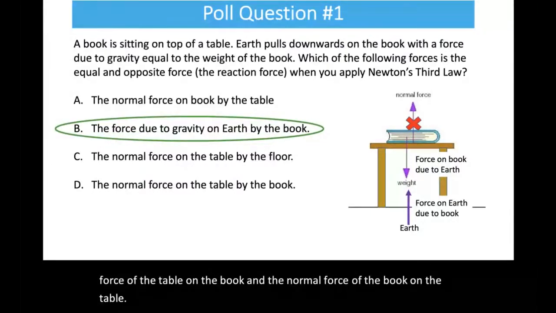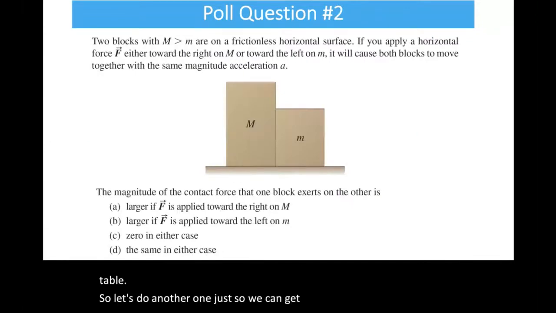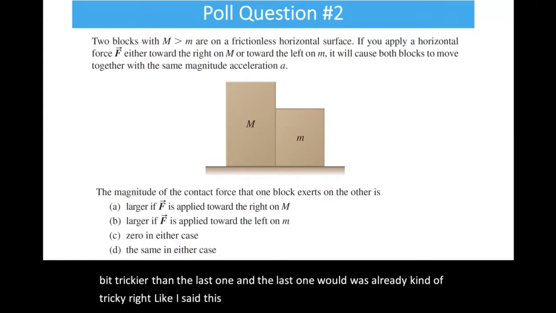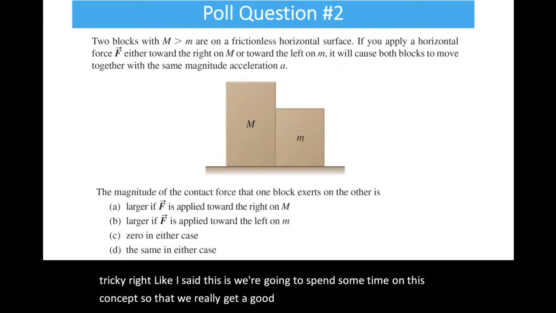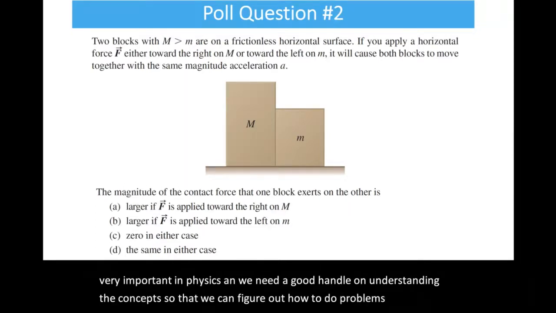Okay, so let's do another one just so we can get a little bit better. This one is a bit trickier than the last one, and the last one was already kind of tricky, right? Like I said, we're going to spend some time on this concept so that we really get a good handle on it, because concepts are very important in physics, and we need a good handle on understanding the concepts so that we can figure out how to do problems with the concepts, okay?